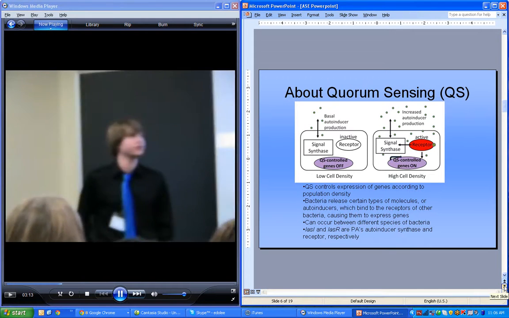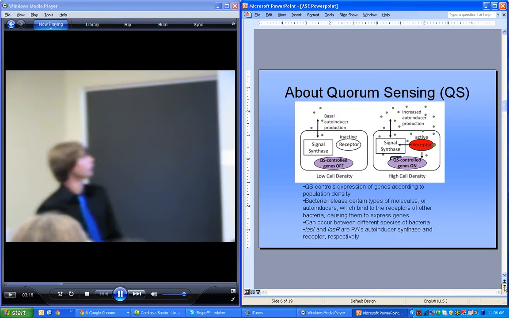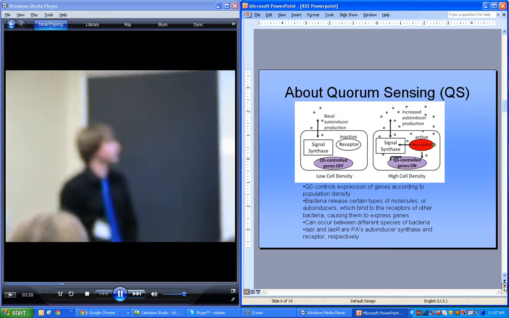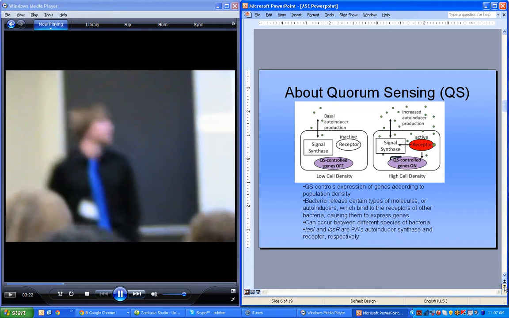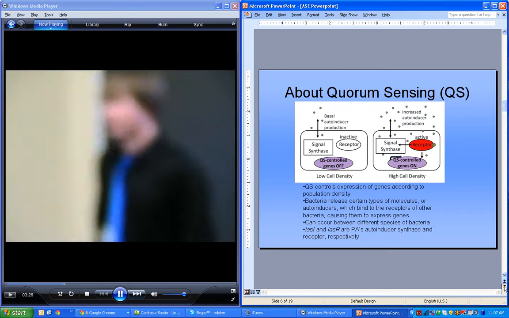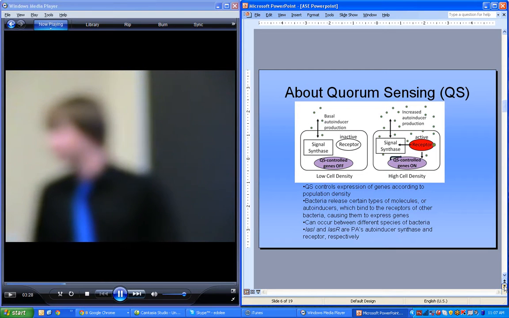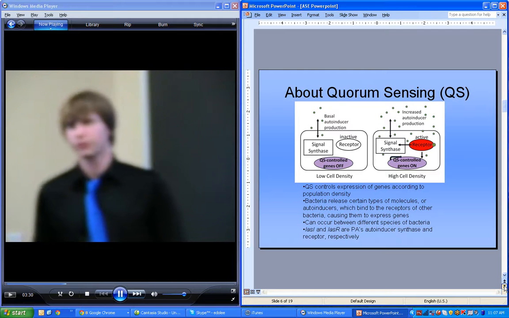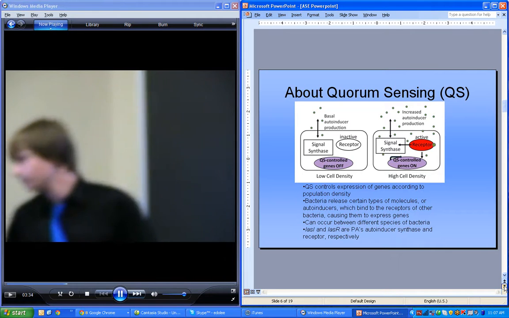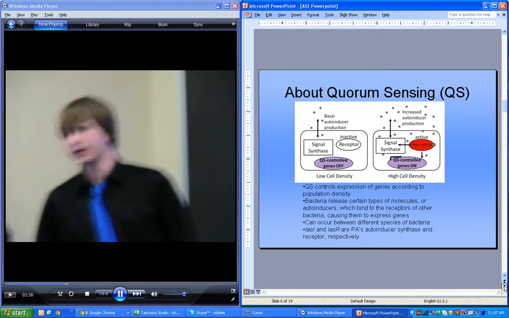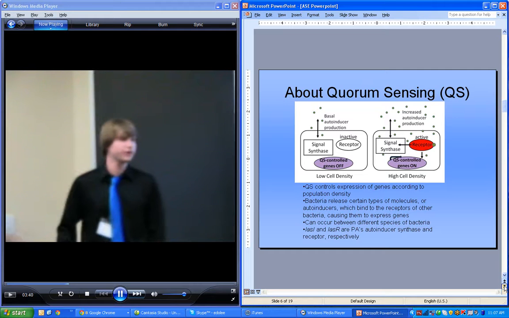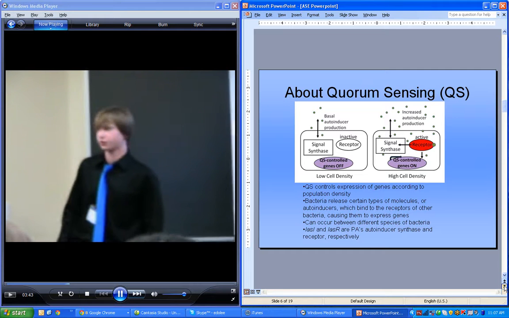But once cell density increases, more autoinducers will be produced by surrounding bacteria, and they'll be able to attach to the bacterium's receptor, which causes quorum sensing to activate, which lets the bacteria express their virulence factors. This can occur between different types of bacteria, not just Pseudomonas aeruginosa. LasI and LasR are the autoinducer synthase and receptor of Pseudomonas aeruginosa, respectively.